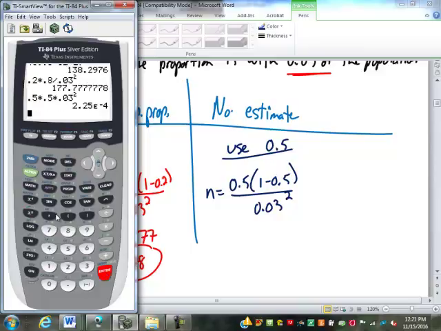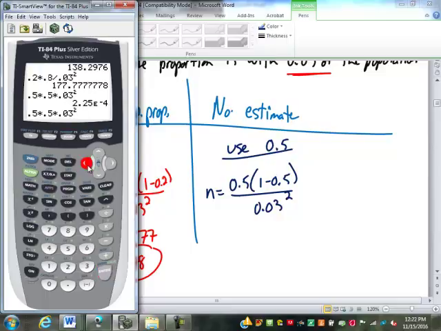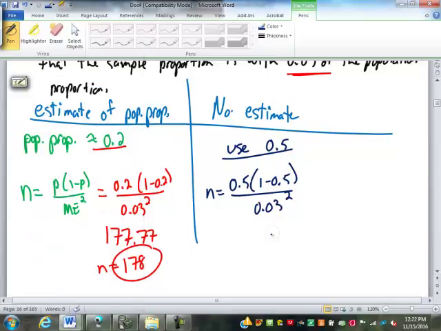Oops, I've got to change that to divide, not times. A lot of little missteps today, sorry about that. So there we go: 0.5 times 0.5 divided by 0.03 squared. 277.77 again. So it's 278 that rounds off.